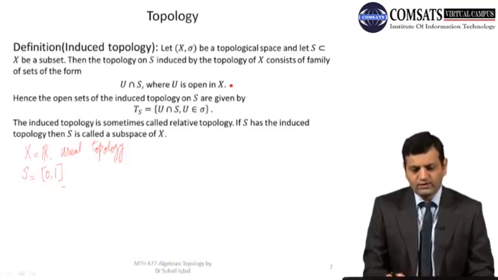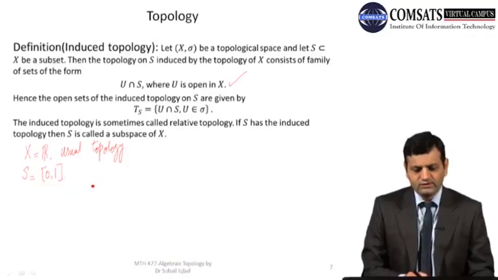According to the definition, the open sets are intersections of open sets of X with S. We know that the open sets of the usual topology are unions of open intervals. So what we are going to do is take the intersection of open sets from this usual topology with this set S.